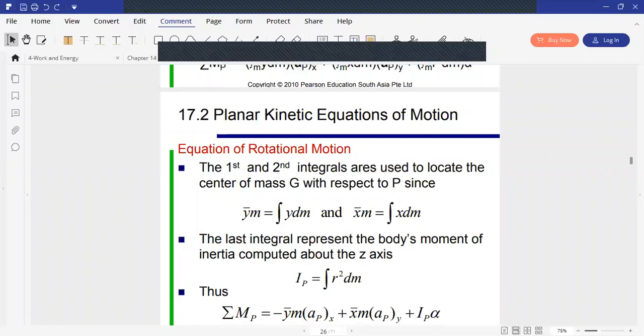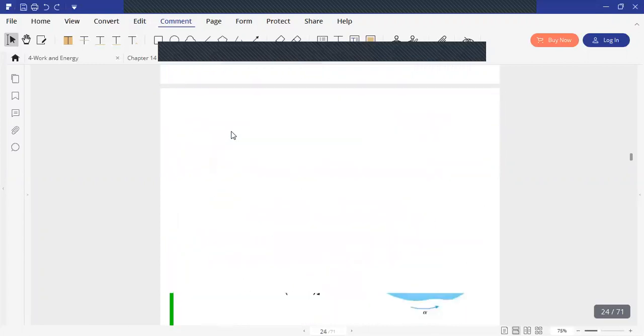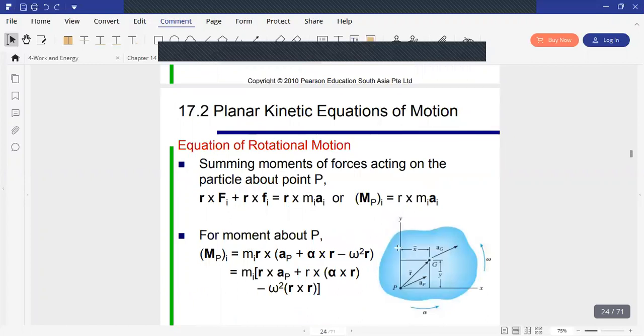So I will repeat. If I put P on G, let me go back to the figure so you can see. X bar and y bar represent the coordinates of G relative to P. Now if I put P on G, this means that G becomes the origin of the frame.